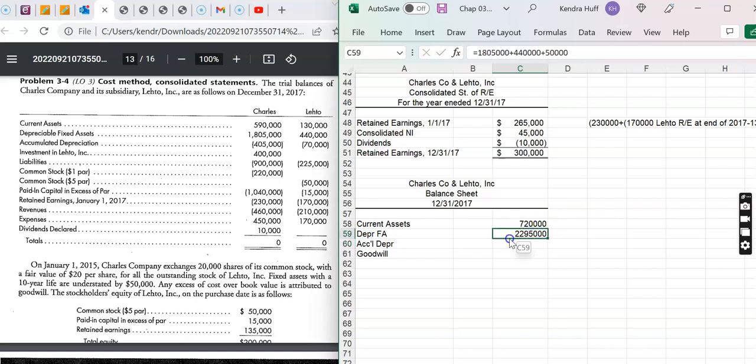So I'm actually putting the inside column. That's why I moved that current assets over. Okay, and this one's going to be $405 plus $70.